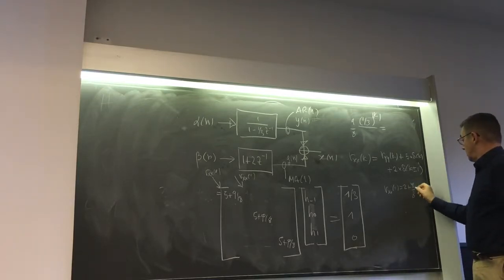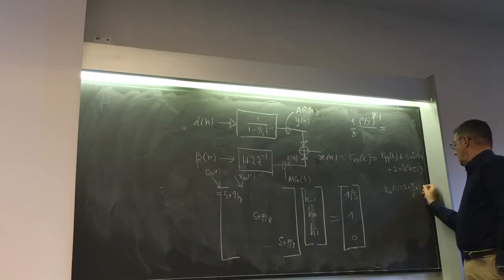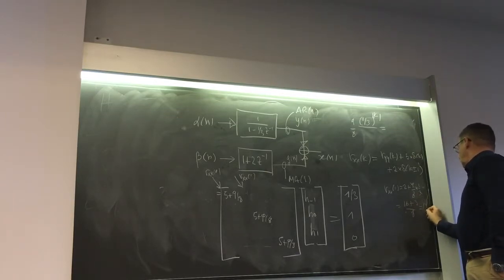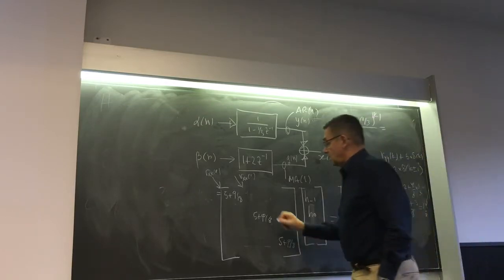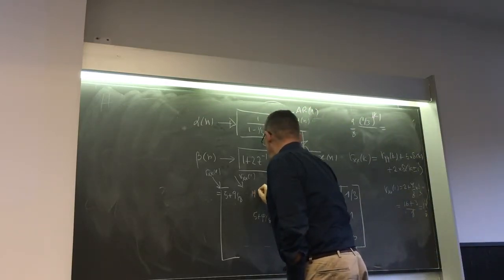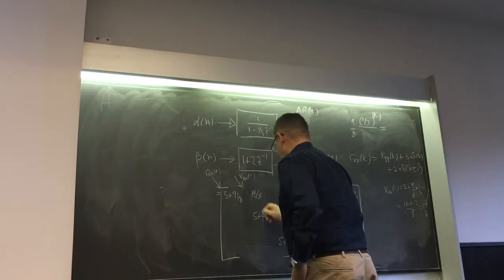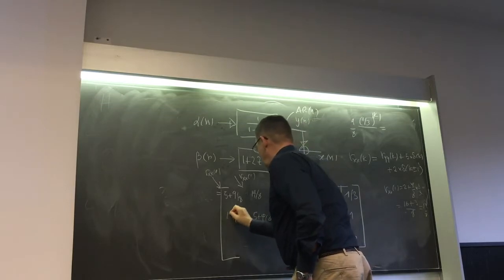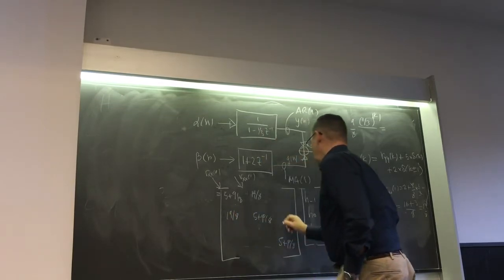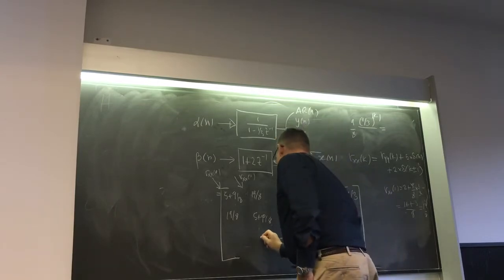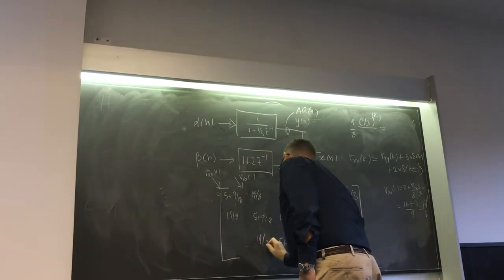So it's 3/8, so it's 16 plus 3 divided by 8, which is 19 on 8. So it is 19 on 8, and then I have 19 on 8 in each of those positions.